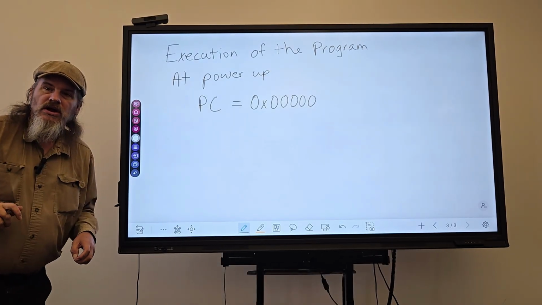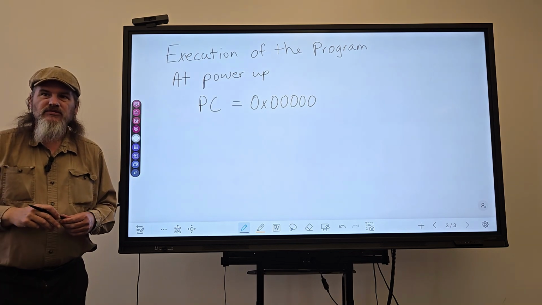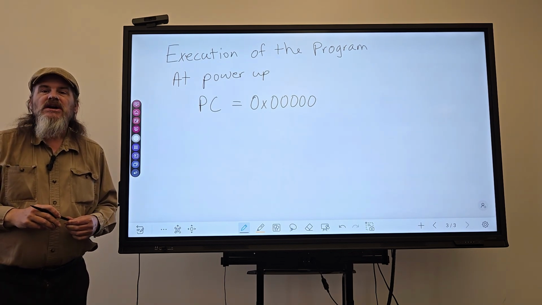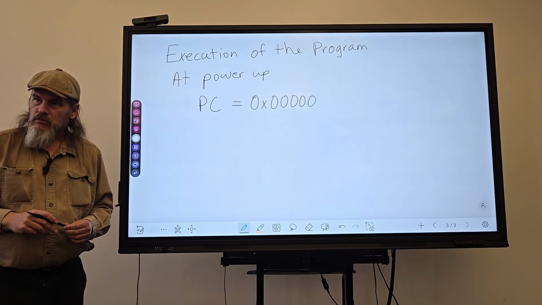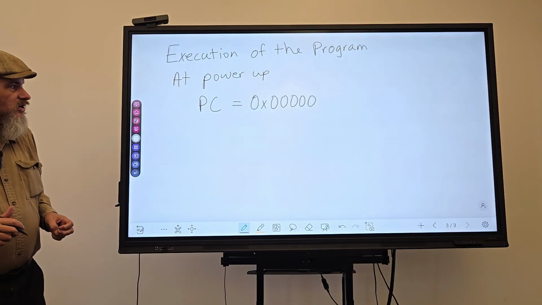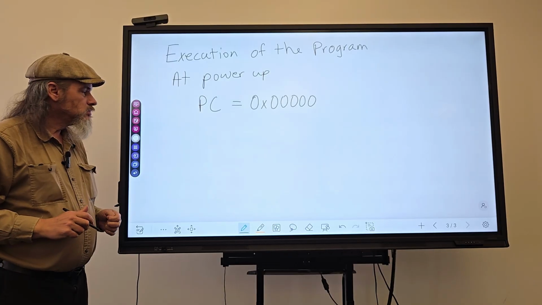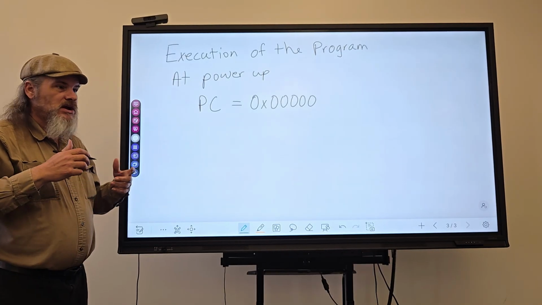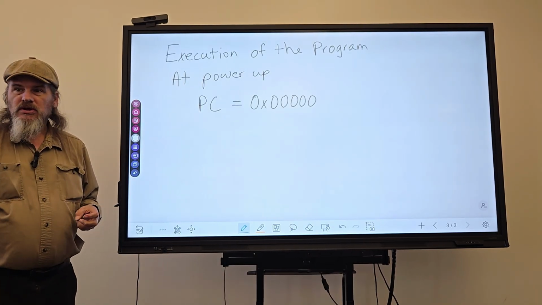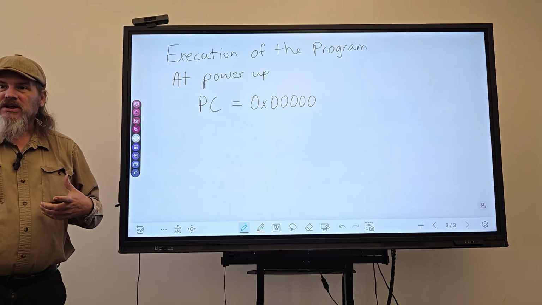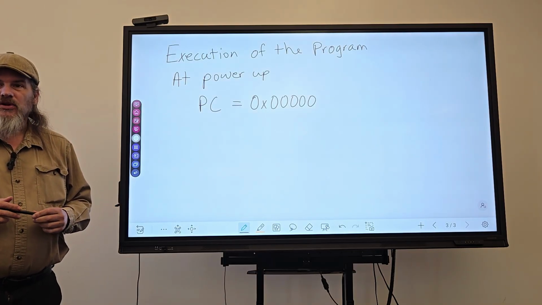So the instruction at the lowest point in the memory, the flash memory, is going to be the one that's going to be executed. So the program counter equals 0, and then it would increment or be adjusted accordingly, depending on the instruction that is at location 0.